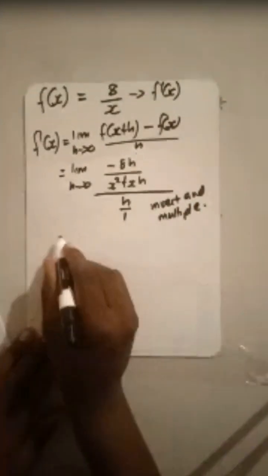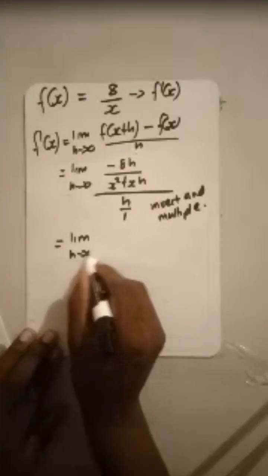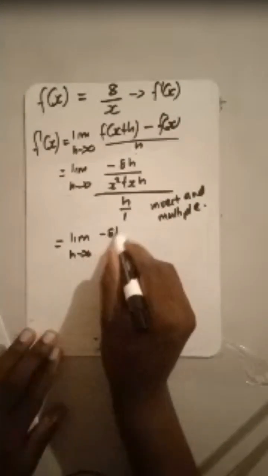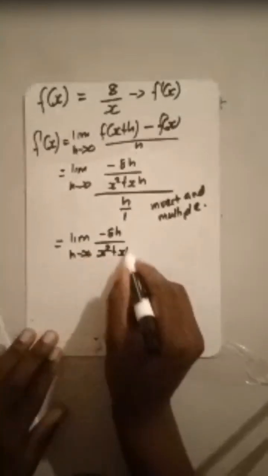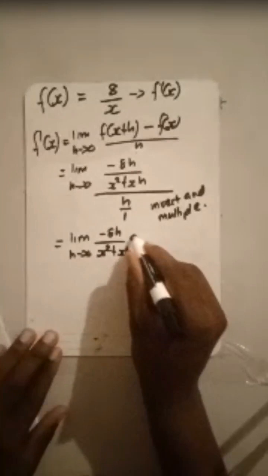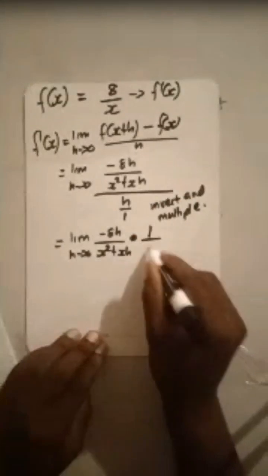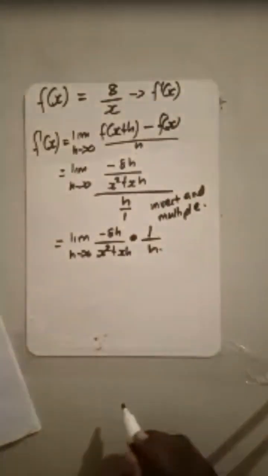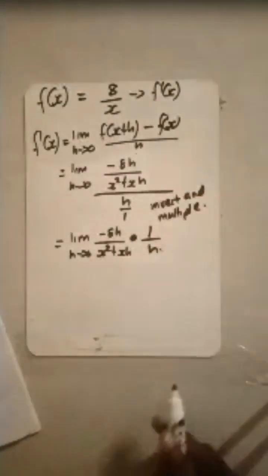It means this is equal to limit h tends to 0, negative 8h over x squared plus xh multiplied by 1 over h, right? What was the numerator becomes the denominator, and the denominator becomes the numerator.